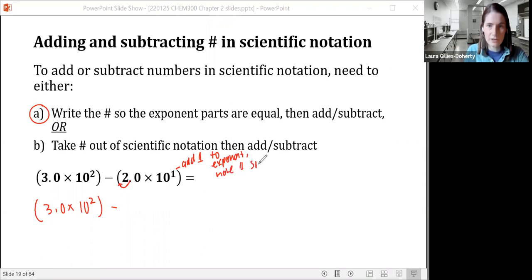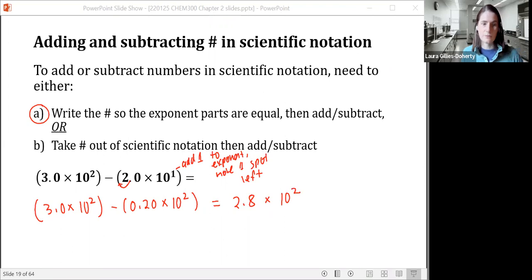Move 1 spot left. So this turns into 0.20 times 10 to the 2. And now that we have identical exponents, we can do the math as usual. 3.0 minus 0.2 gives us 2.8 times 10 to the 2.